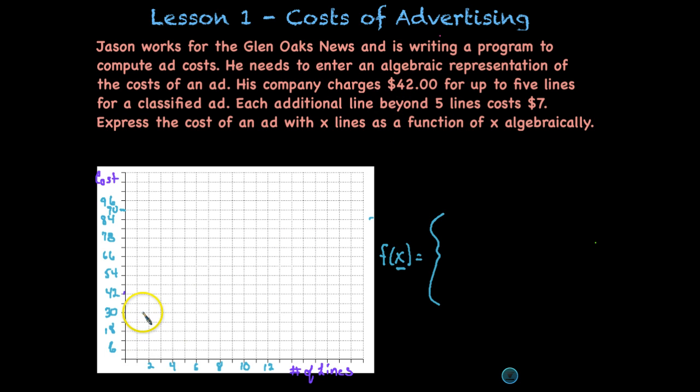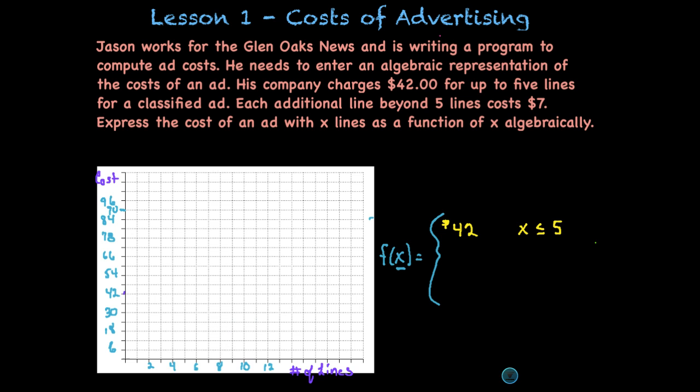The company charges $42 for up to 5 lines. So for our first example, we know that you're going to pay $42 when the number of lines that you want to purchase is less than or equal to 5. So it doesn't matter if you want to purchase 1 line or 2 lines or 5 lines, you'll pay a flat fee of $42.